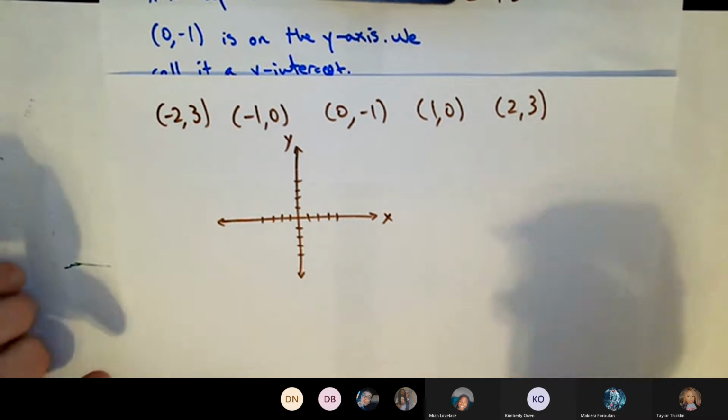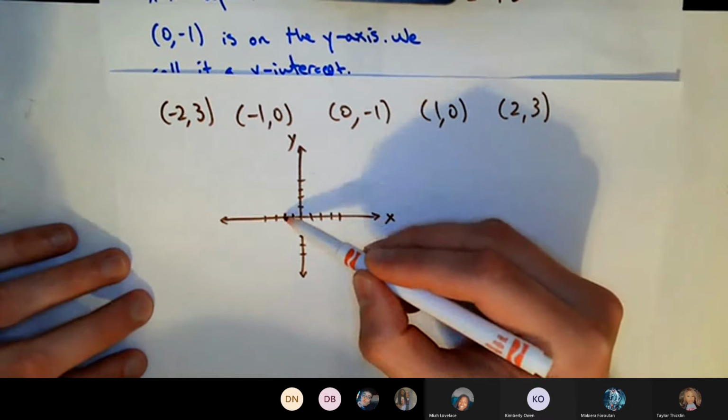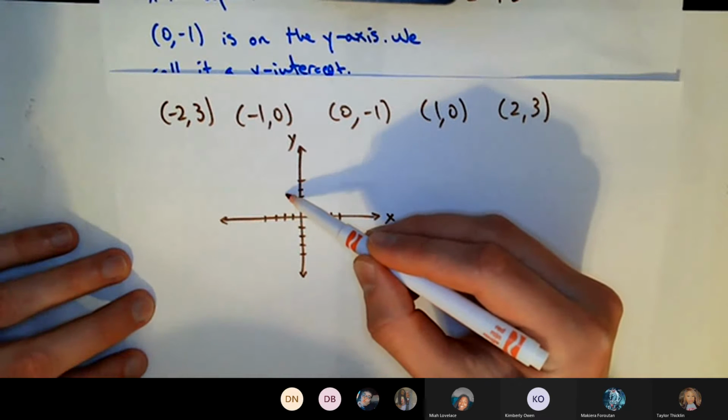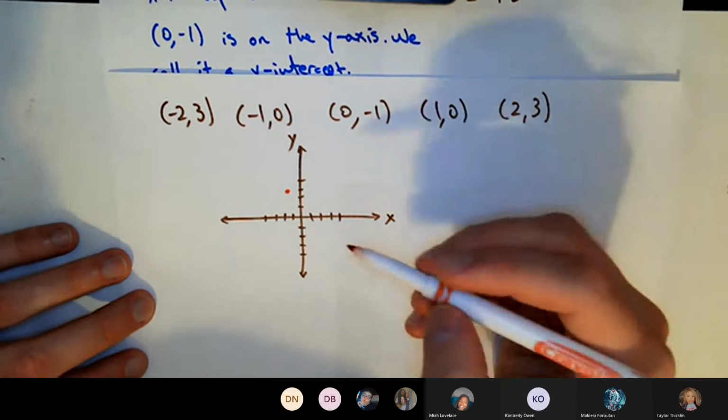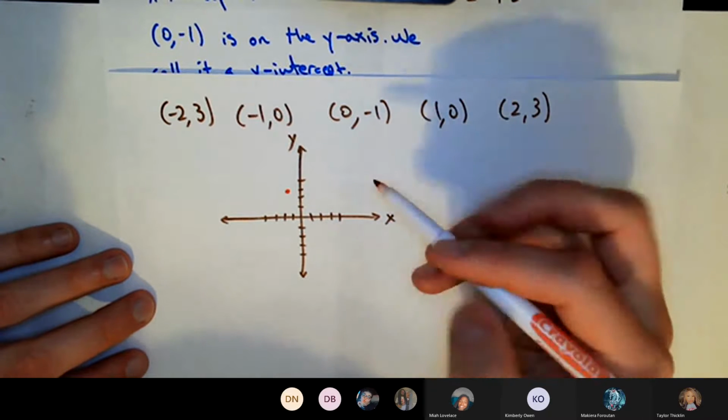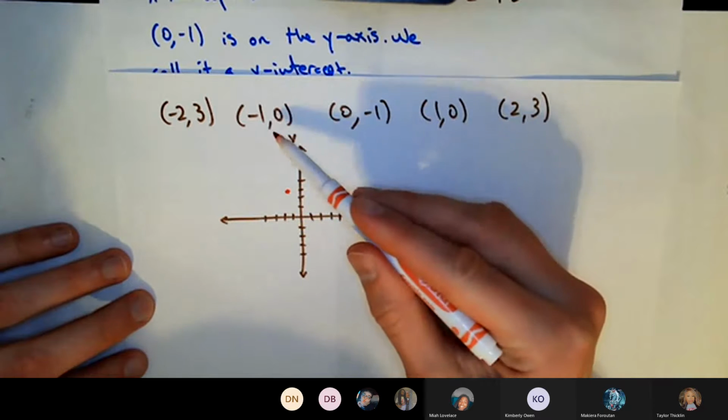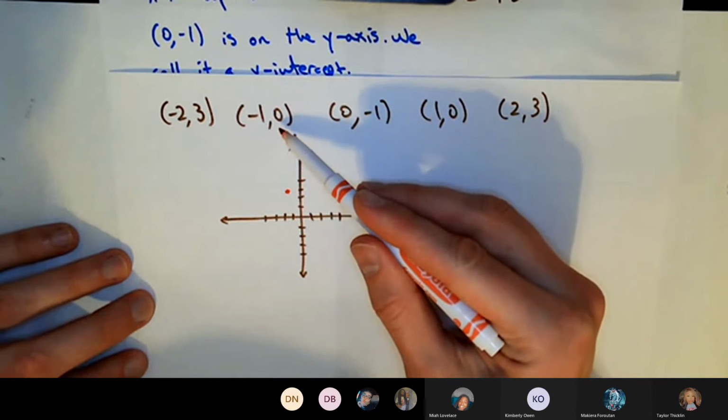Okay, so the point (-2, 3), that's at -2 for x and up at 3 for y, so that's roughly there. (-1, 0): -1 for x, and that's on the x-axis.